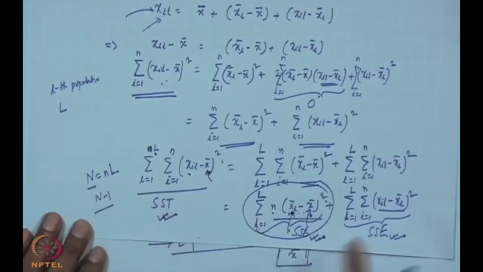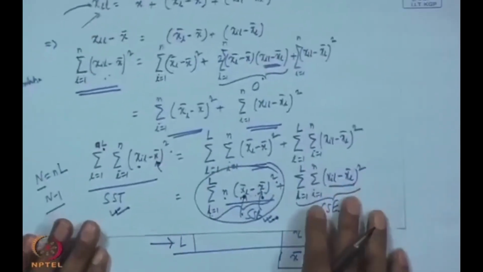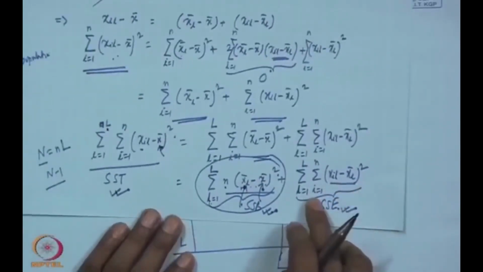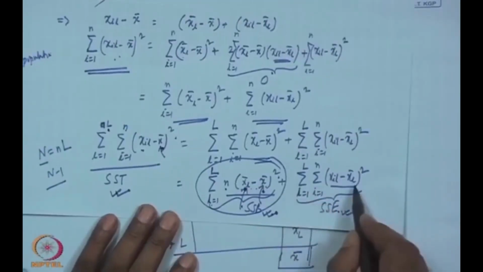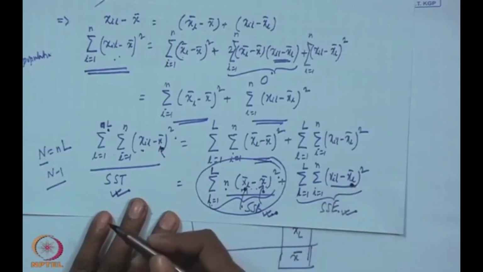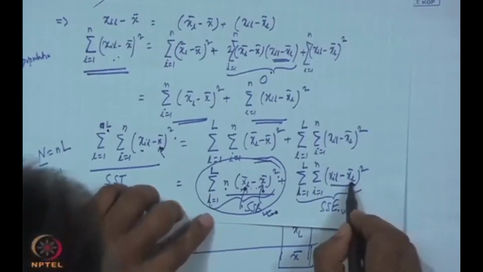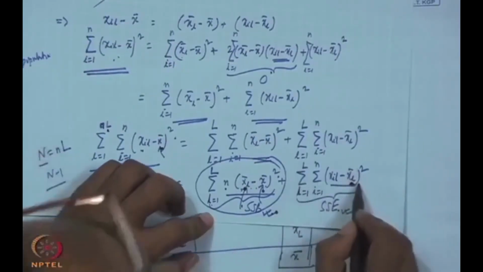This portion: see how many XL bars you have computed. XL bar is for the L populations.